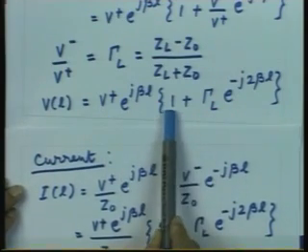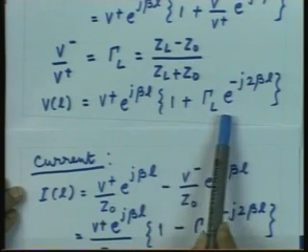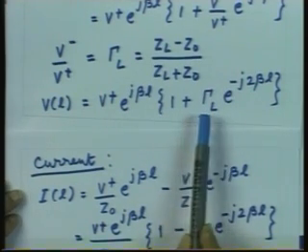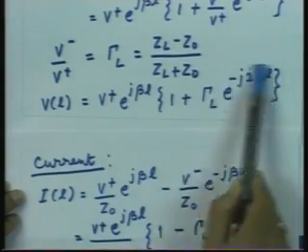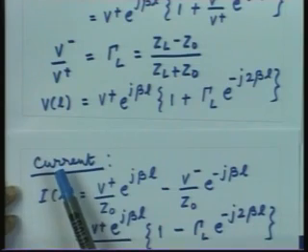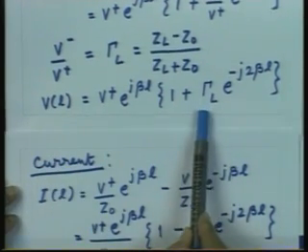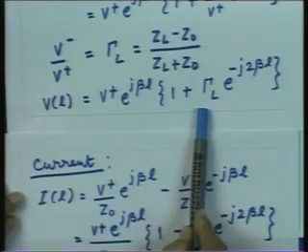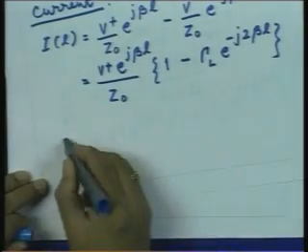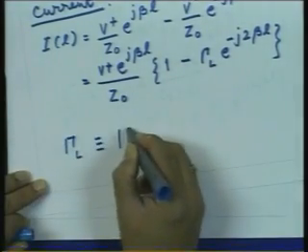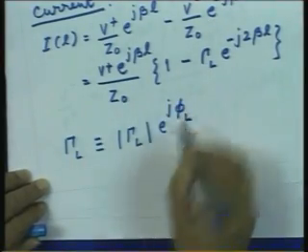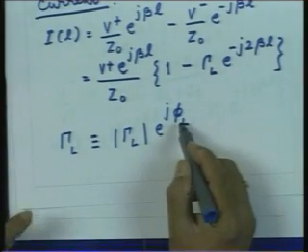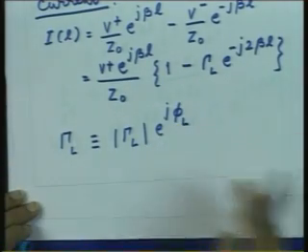So, you are having this term which has amplitude 1, and then you are having a second term whose amplitude is the modulus of this quantity gamma L, plus a phase which is the phase of gamma L plus this quantity phase which is minus j 2 beta L. Writing very explicitly the complex reflection coefficient in terms of its magnitude and phase, let us say I define gamma L is equal to modulus of gamma L e to the power j phi L, where phi L is the phase of the reflection coefficient at the load end.